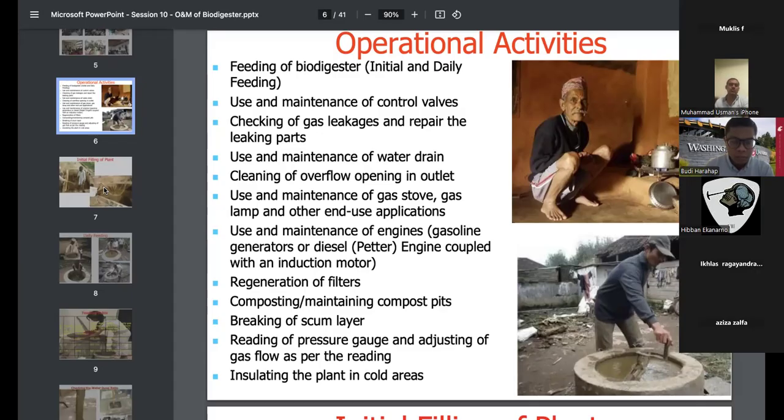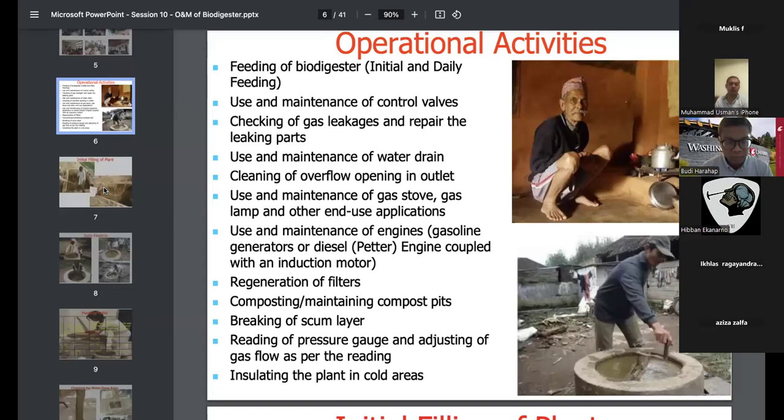Use and maintenance of the water drain. This is one of the parts I will show you, but it is very, very important. Many of the farmers in Pakistan construct biogas plants through non-technical persons, and they are not using the water drain. And then they say that the biogas plant is not working. Similarly, cleaning of the outlet, and use and maintenance of gas stoves and gas lamps.